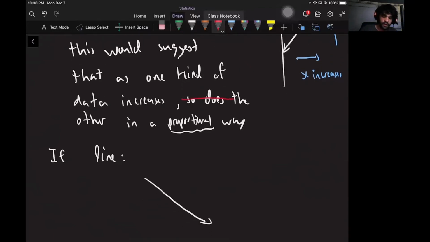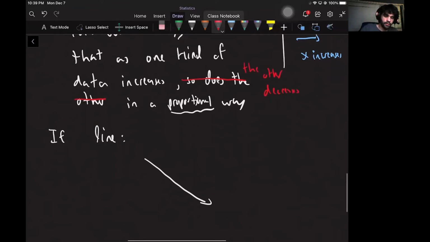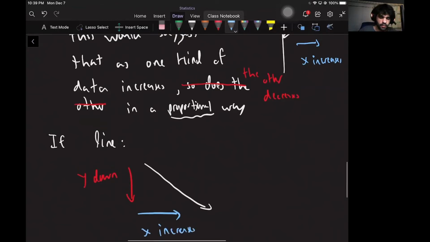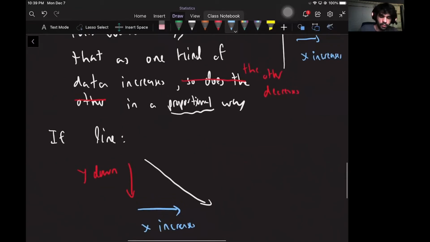So instead of saying so does the other, we would say the other decreases, still in a proportional way. So now the y is going down as the x is going up. But you would still say that they're related because as one does something, the other does something too, proportionally.